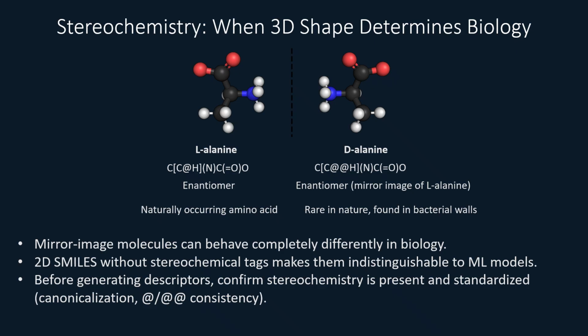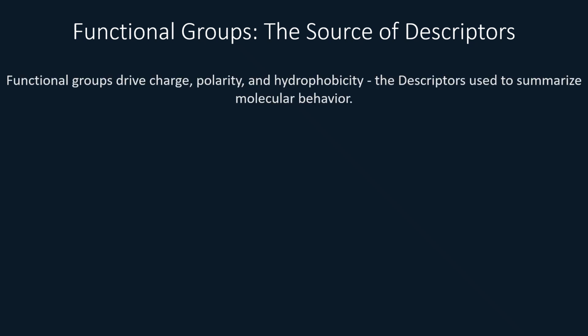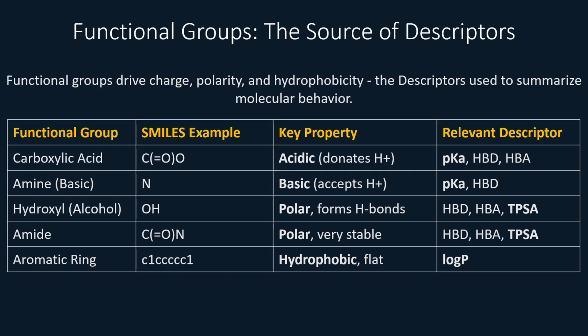Now let's see functional groups, the source of descriptors. Functional groups are the structural elements that give rise to molecular descriptors. Each functional group contributes characteristic chemical behavior: acidity, basicity, polarity, hydrophobicity.